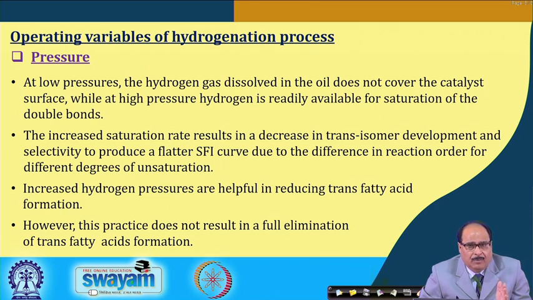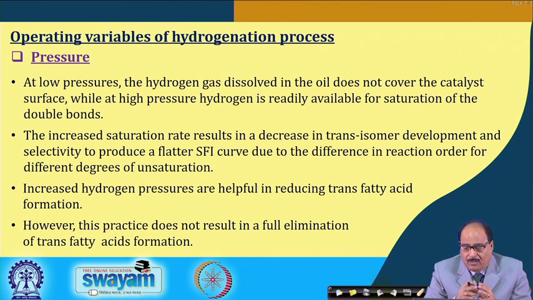The important variable I told you is the pressure. At low pressures the hydrogen gas dissolves in the oil. Okay. It does not cover the catalyst surface, while at a high pressure hydrogen is readily available for saturation of the double bonds. So, the increased saturation rate results in a decrease in trans isomer.